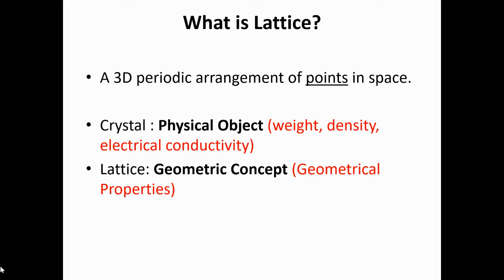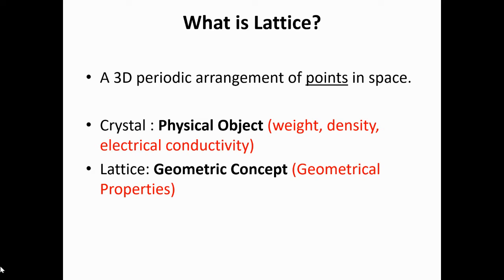Okay, now I come to the related concept of lattice. What is a lattice and how is it different from crystal? A lattice is a three-dimensional periodic arrangement of points in space.